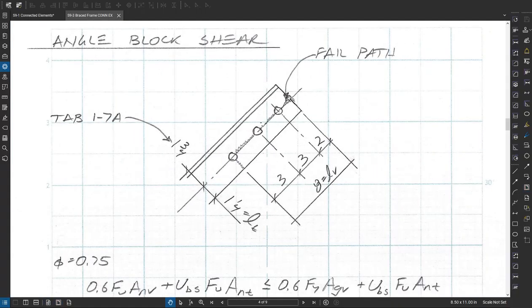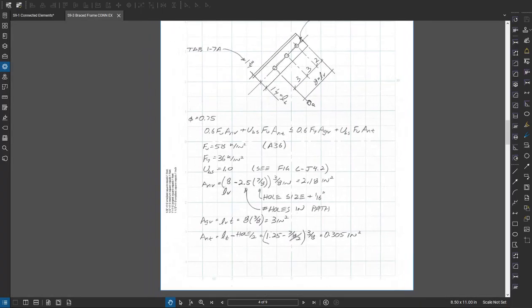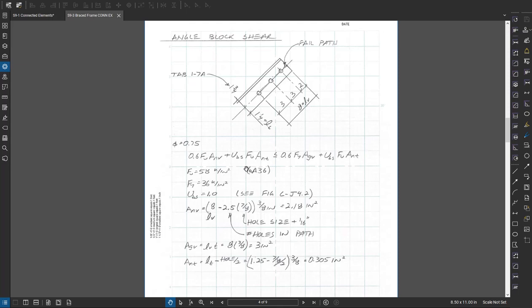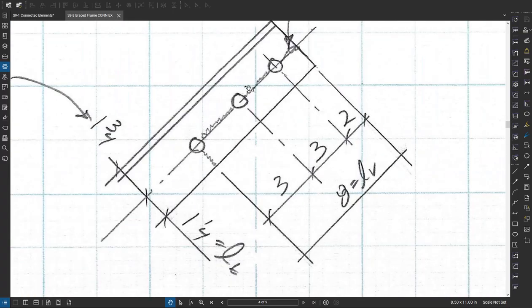So there's this shear rupture area along here, and a tension rupture across the top. So here are my two equations. I find my parameters, I find my areas, just one little thing at a time. So the net shear area is going to be this length minus 2.5 bolt holes, because we've got 1 bolt, 2 bolts, and we go to the center of this hole, so just half a bolt is reducing the length of that material.